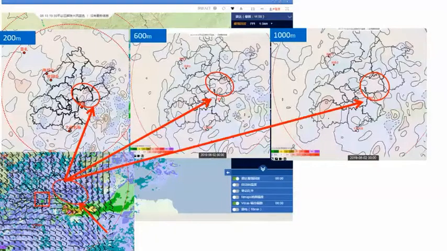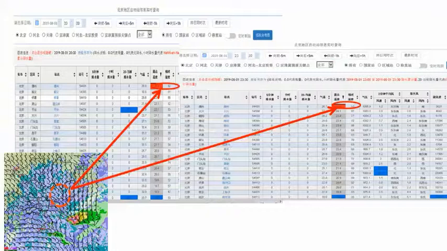Your turn. On the left, this is the surface information about dew point and relative humidity at 20 o'clock, and this is at 11:30.